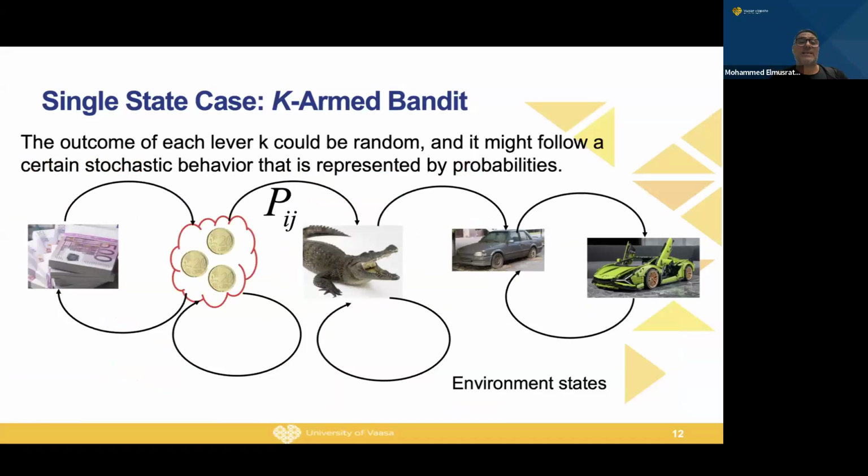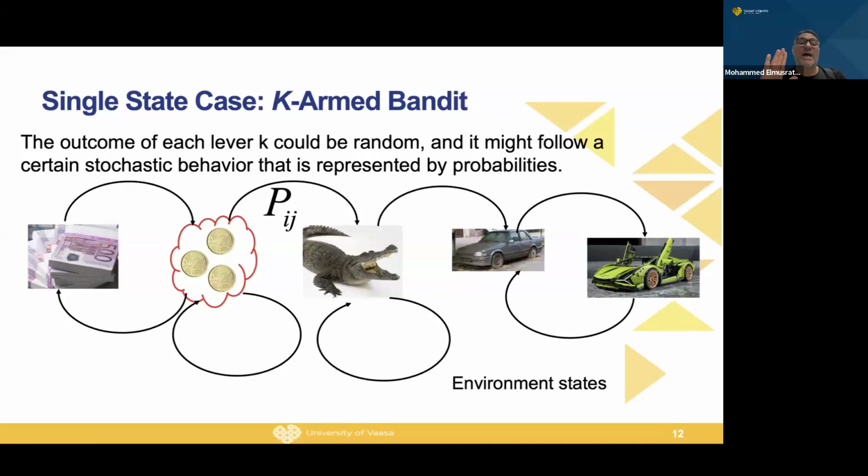So in this case, what does the reinforcement learning agent, the intelligent agent, need to do now? Actually, it also needs to learn these transition probabilities between the rewards, or between what is behind that door.